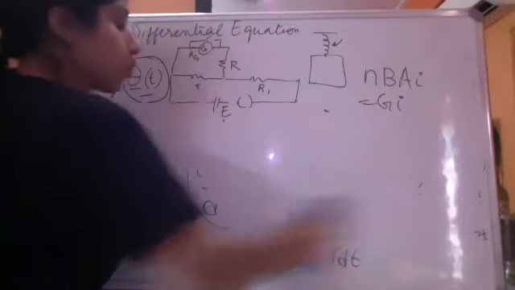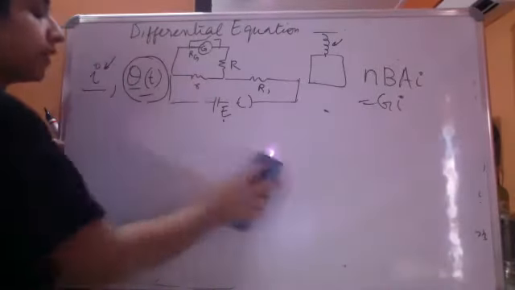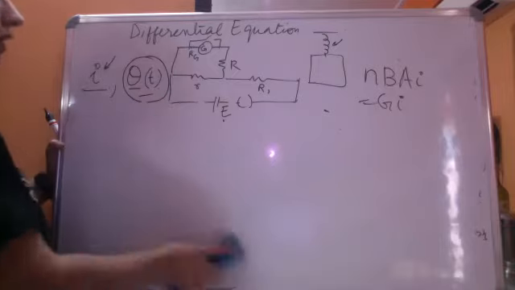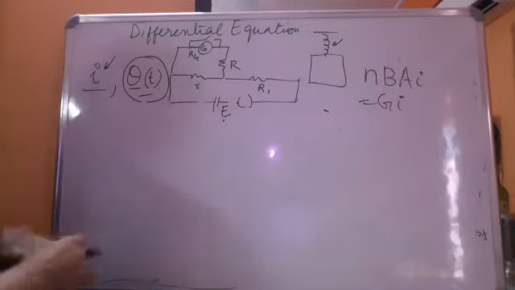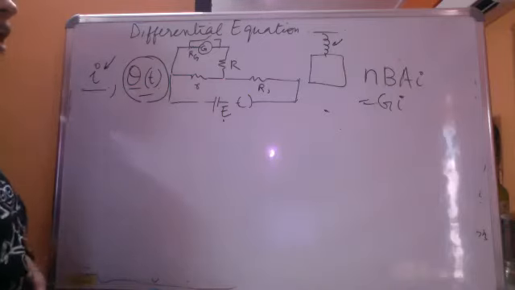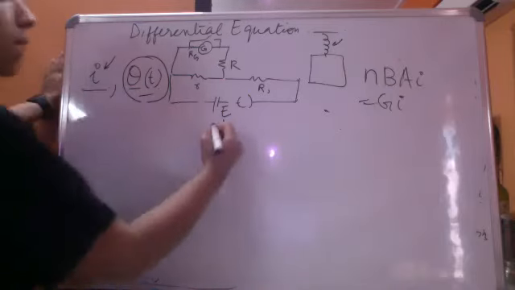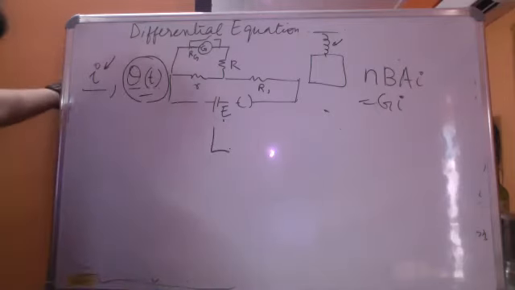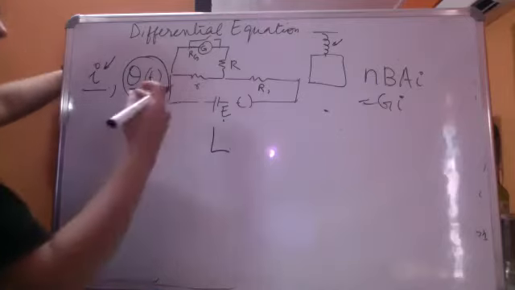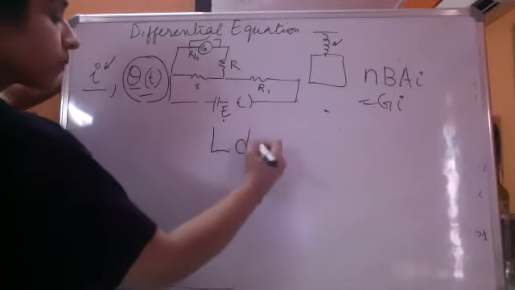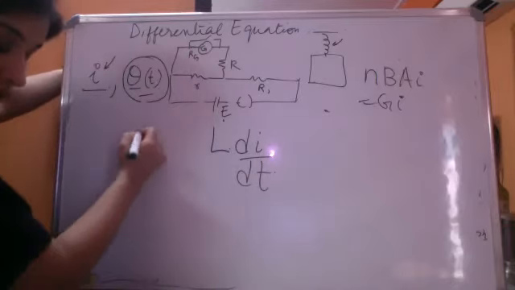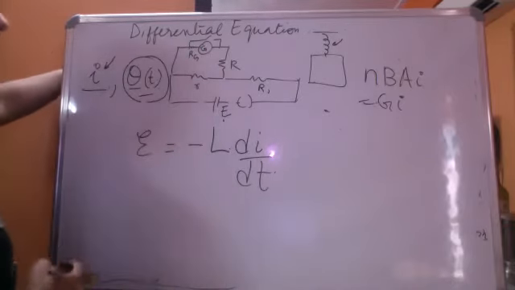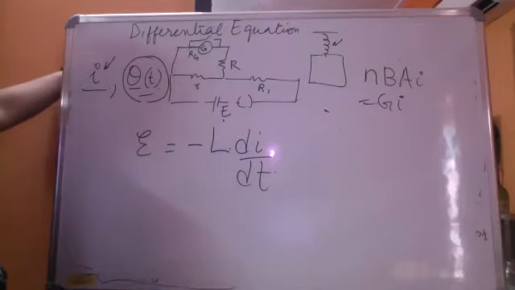Now, if you look at your coil, it consists of rings. So these rings account for some amount of inductance in your coil, and as the current builds up in the circuit, there's another induced EMF, which is going to oppose this current.